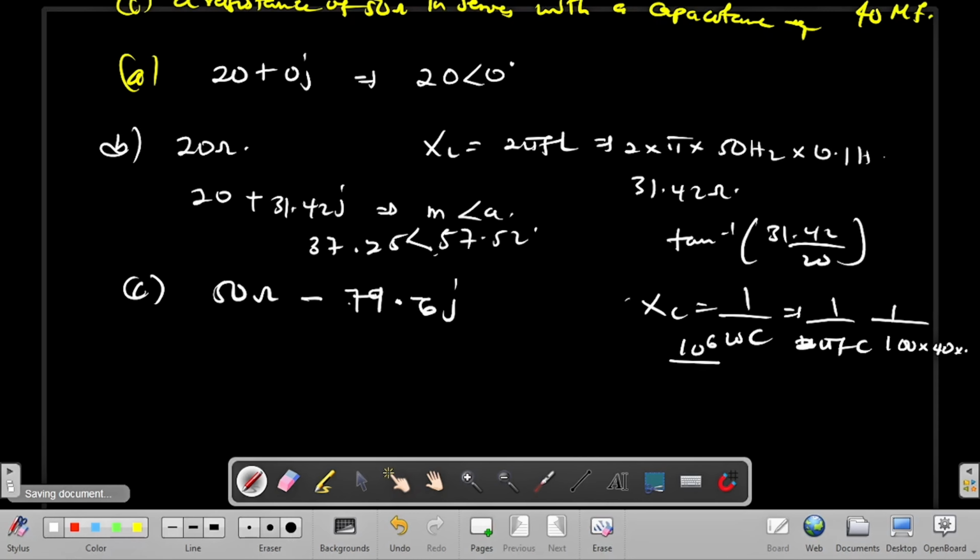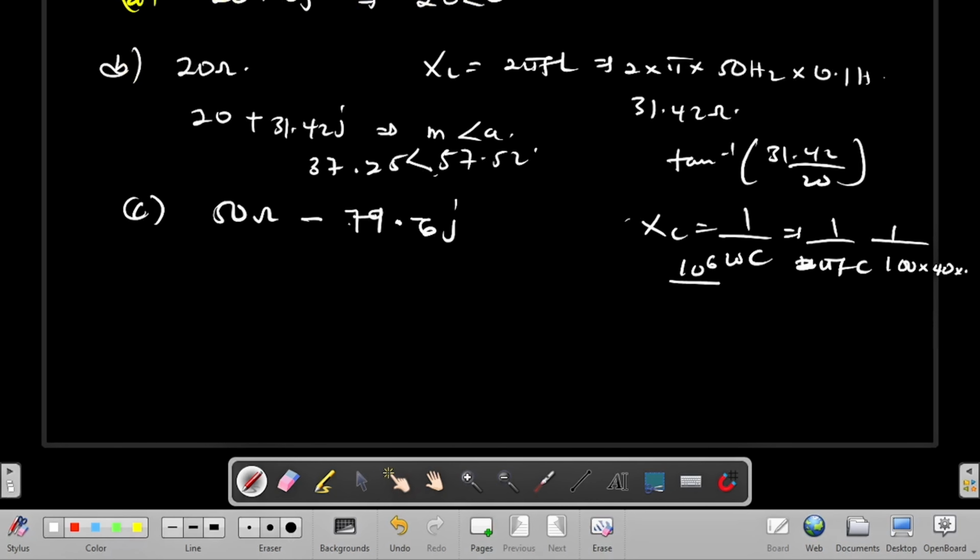Then if I were to convert this one to the polar form, likewise as we've been doing, we take the square root of 50 squared plus 79.6 squared, and that gives 94. So my magnitude is simply 94. Angle, what's my angle?